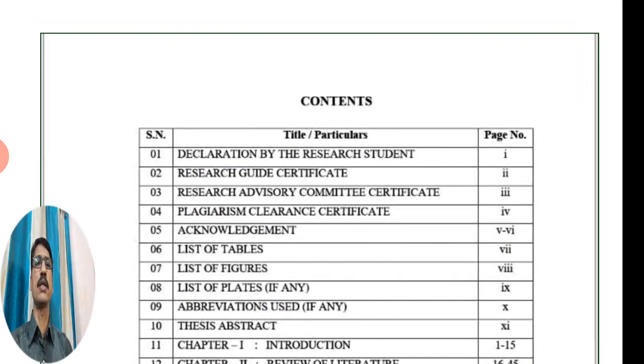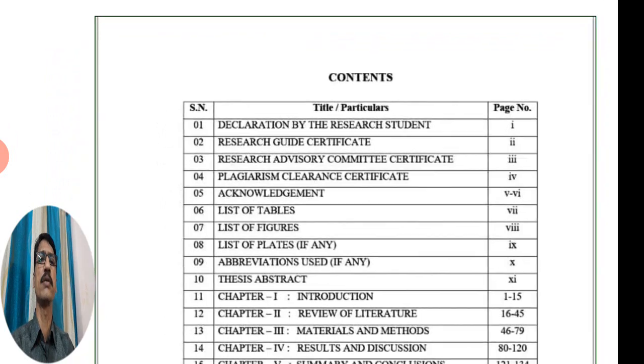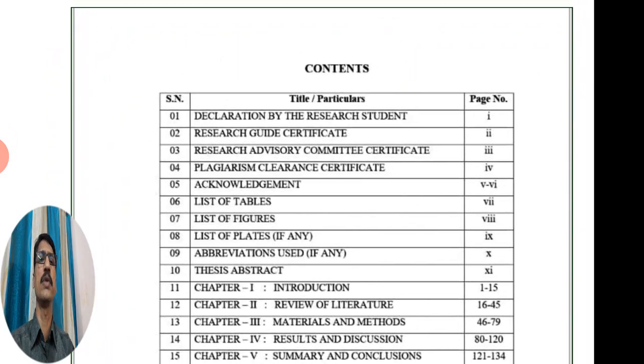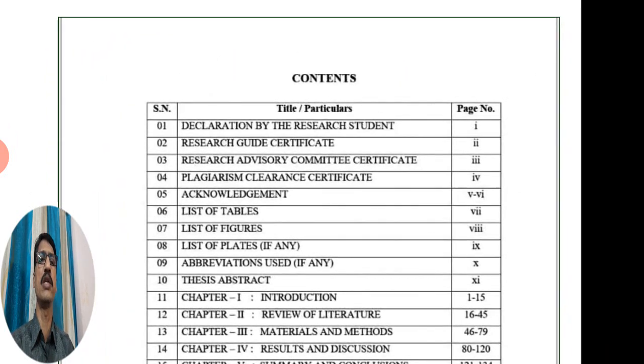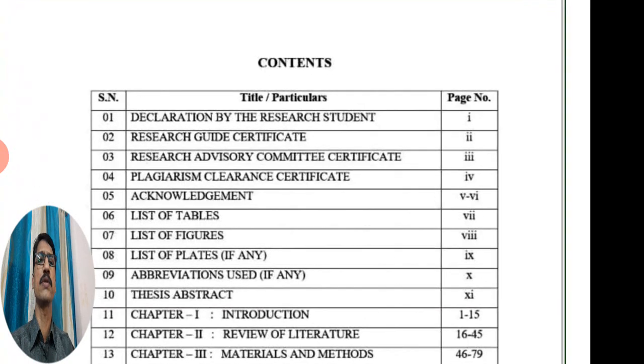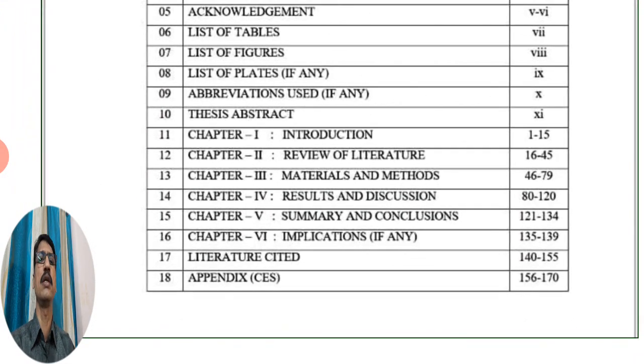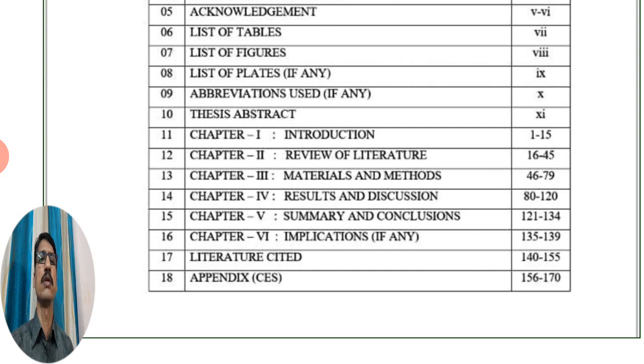This is the contents. The heading of this page is the contents. Then this is the preliminaries part, where the page number is given in Roman numbers, whereas the chapter numbers are given in Arabic numbers, and all the parts are given in capital form, and also the end matter.